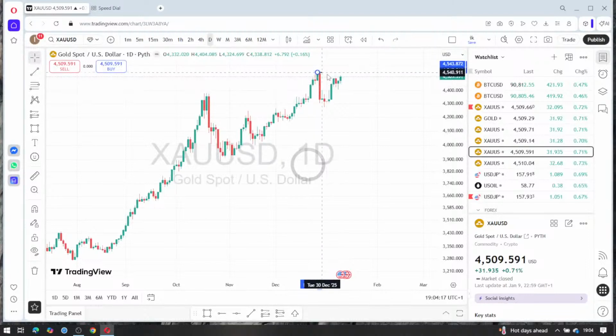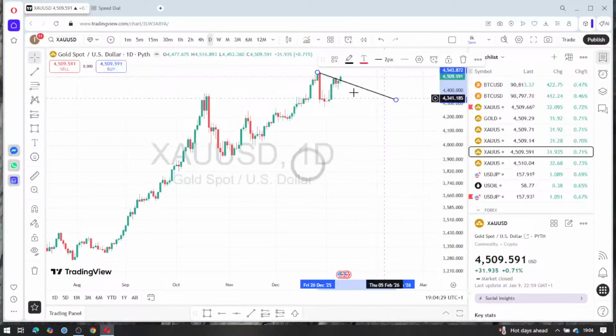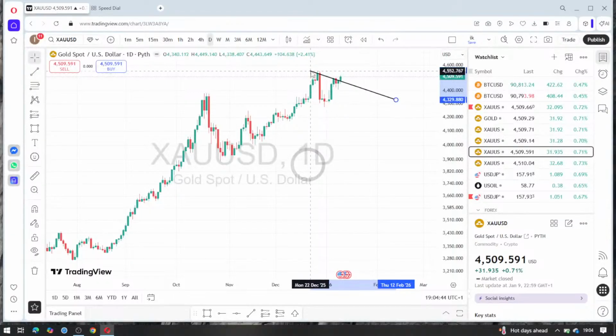The trend line ran along the high from the all-time high down here to this very particular high here. So this is what we had.